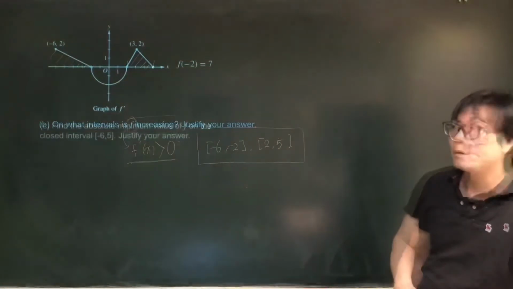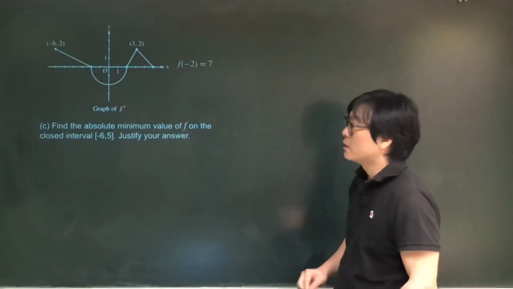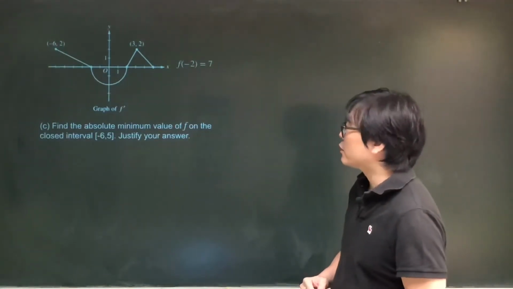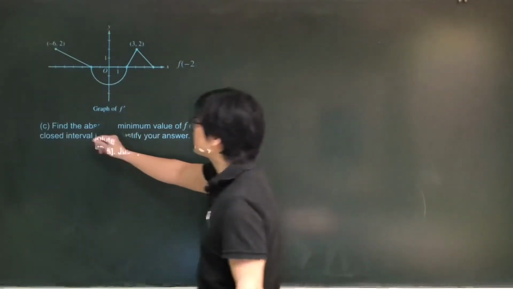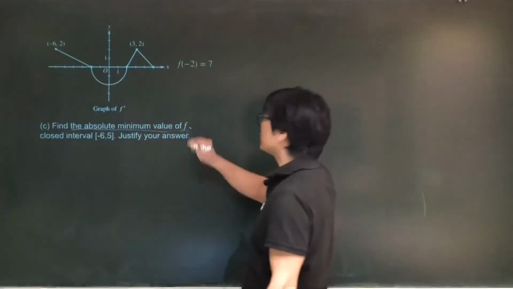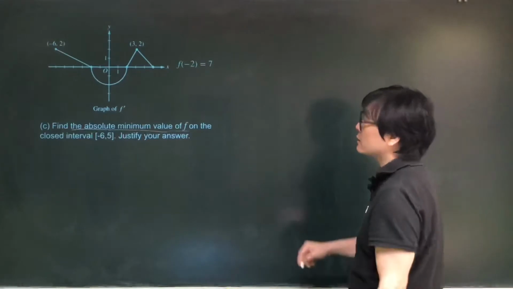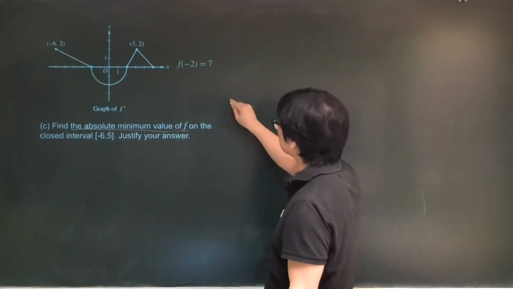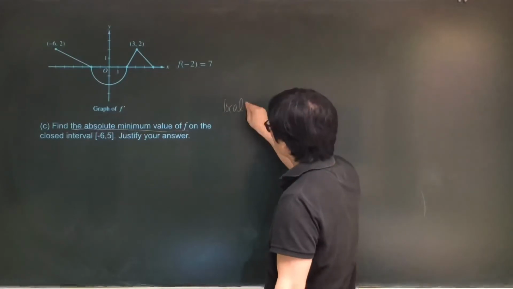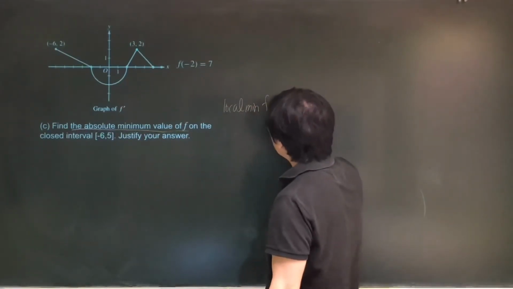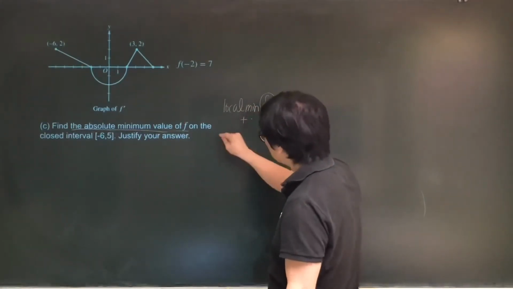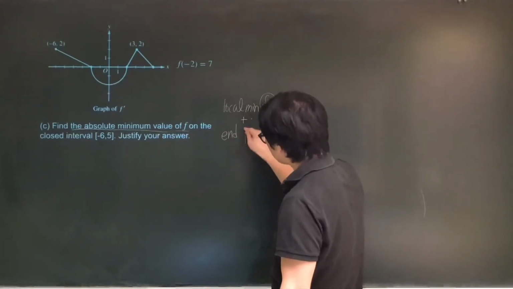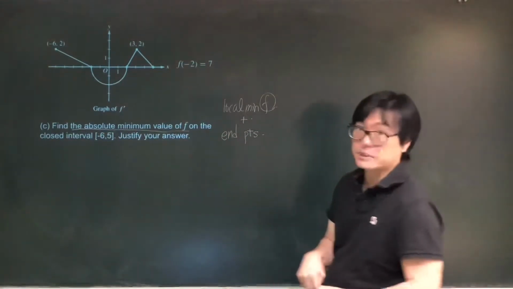Okay, now move on to question C. Find the absolute minimum value of f. I briefly explained the absolute minimum value of f on the first slide. To find the absolute minimum value of f, we need to find all the local minimums of f and compare the values with the endpoints.